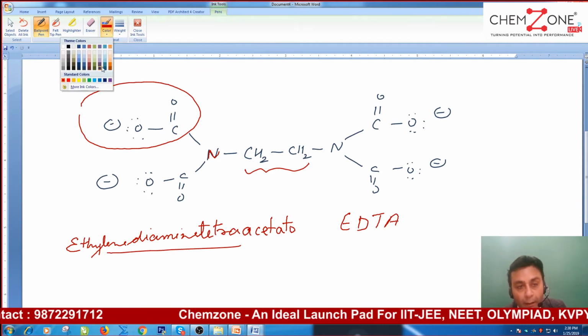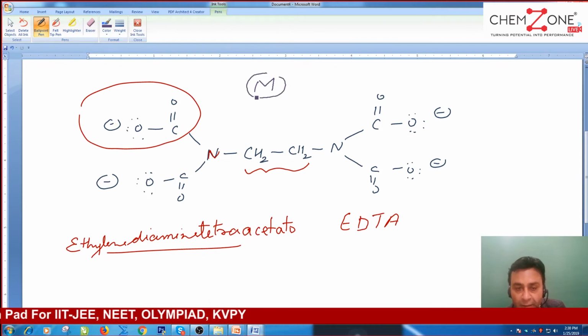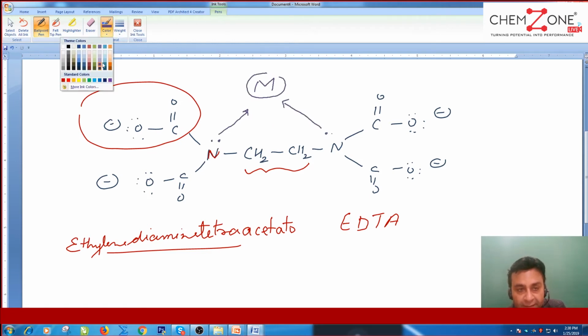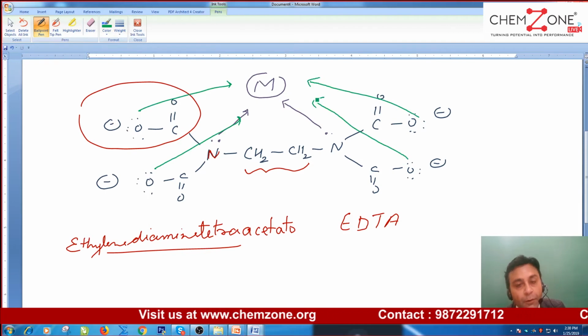Got it? With this metal ion, these 2 nitrogen atoms can donate electron pairs to the metal atom, and 4 acetato oxygens can donate electron pairs: 1, 2, 3 and 4.